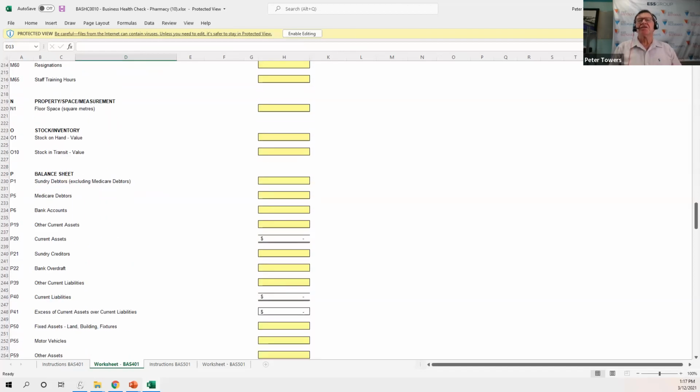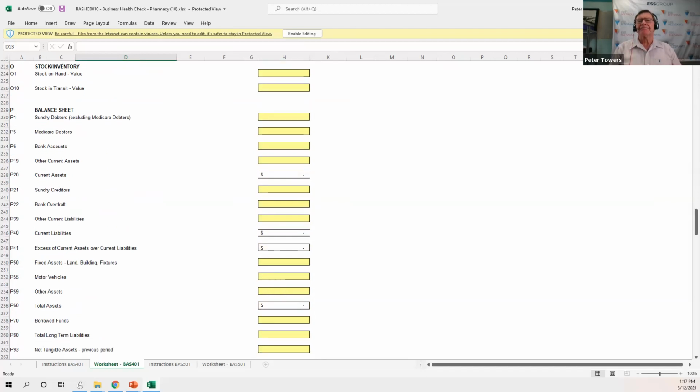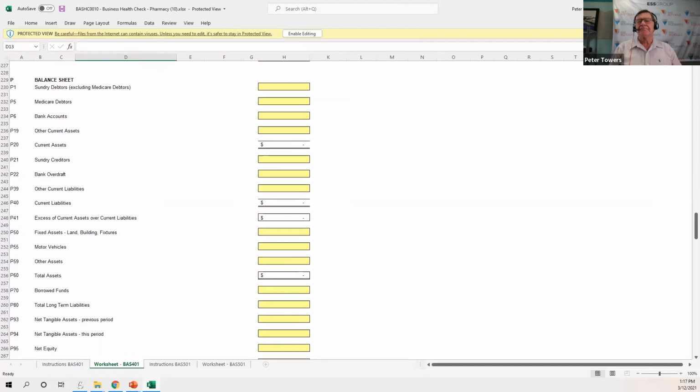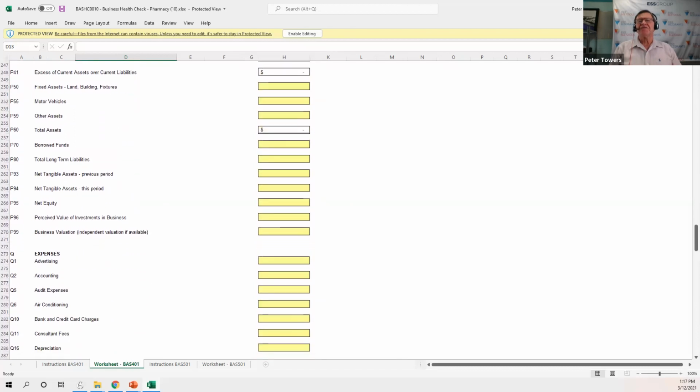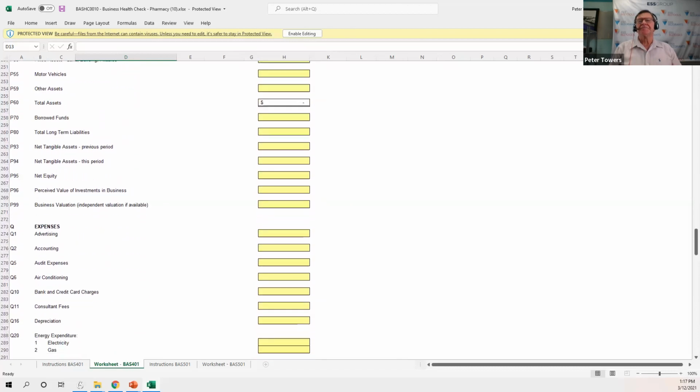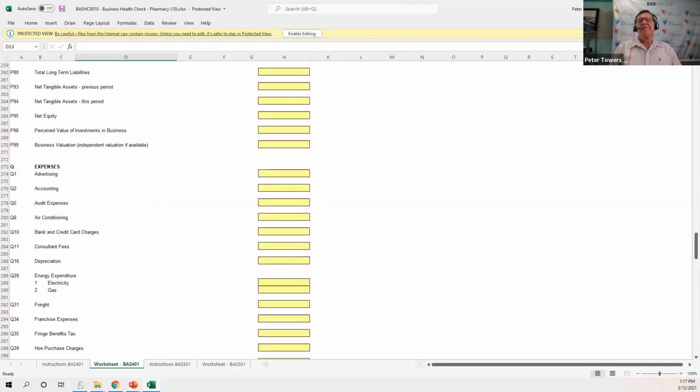Some information on stock and inventory. Then some balance sheet information. So that would be at the end of the period that you're analysing. Range of information there. We've put the valuation type figures in.